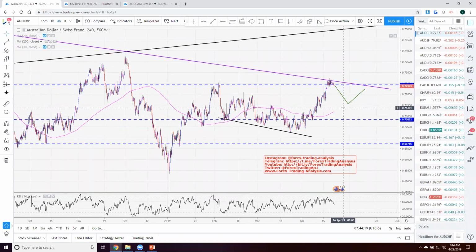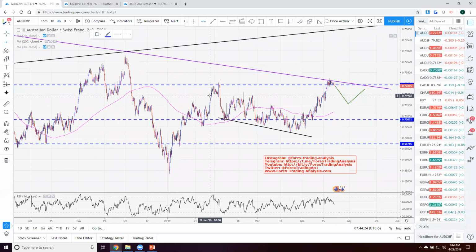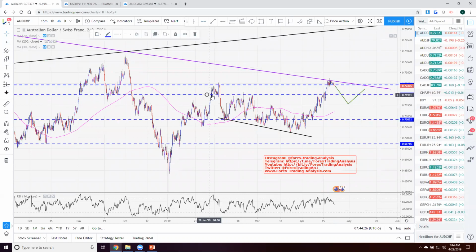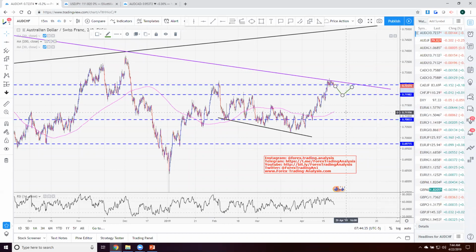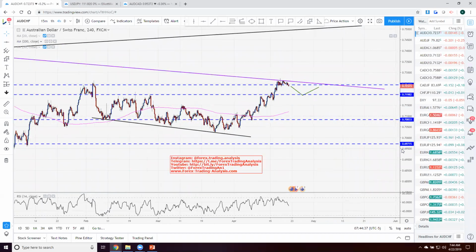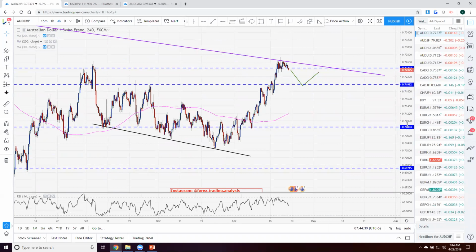Could be looking at a minor pullback to roughly see a support zone here, more or less. And again, when you get into this choppiness, there could be several different support areas. In the meantime, this is kind of what I'm seeing.